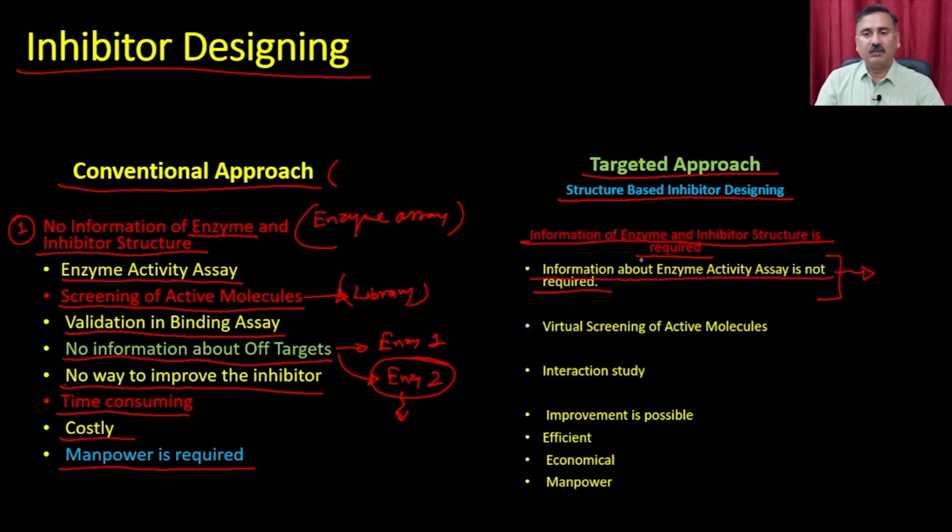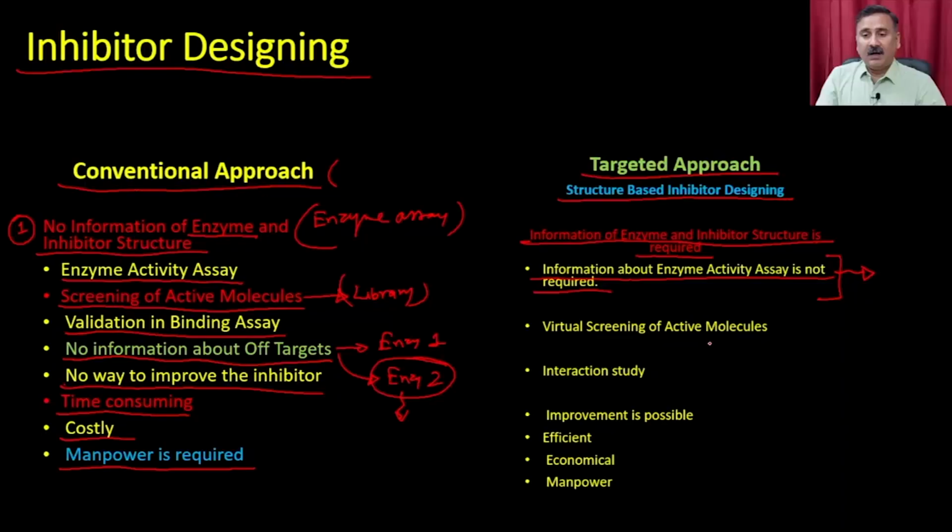First, you are going to analyze the enzyme and inhibitor structures and see whether they are compatible with each other or not. You are going to perform virtual screening of the active molecules, so it is very fast, and it does not require you to perform the activity assay. Interaction studies can also be performed computationally.